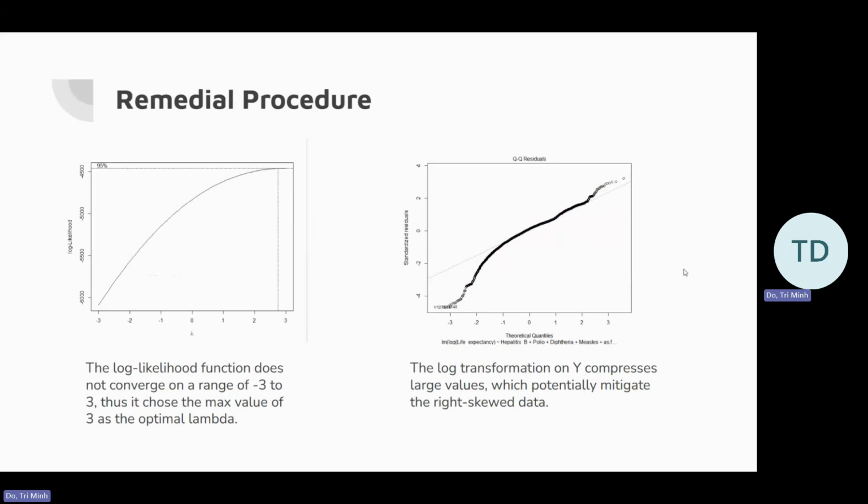This shows that the Box-Cox may not work as expected. Secondly, we try a log transformation on Y, which, as shown by the QQ plot, does not fully fix the issues of non-constant variance, but it will mitigate the skewness of the data, since the log transformation can compress large values.